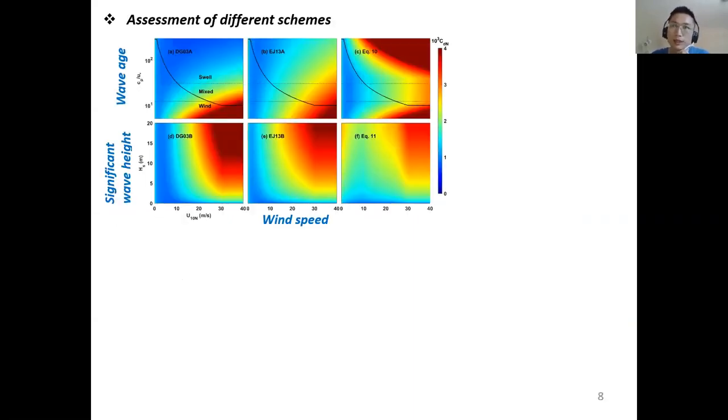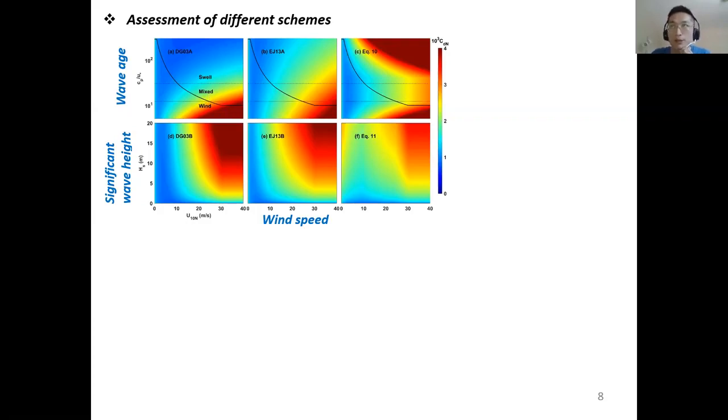So for now, we have a look at the calculated drag coefficient using different schemes in terms of the wind speed, wave age, and significant wave height. The color represents the value of drag coefficient. So in previous schemes, the left 4 panels, we can see young waves and larger waves would have larger values of drag coefficient.